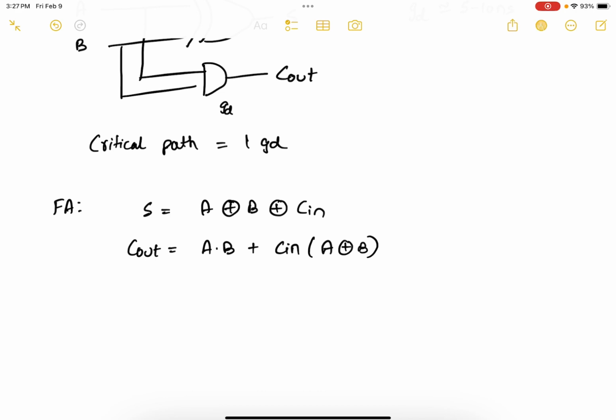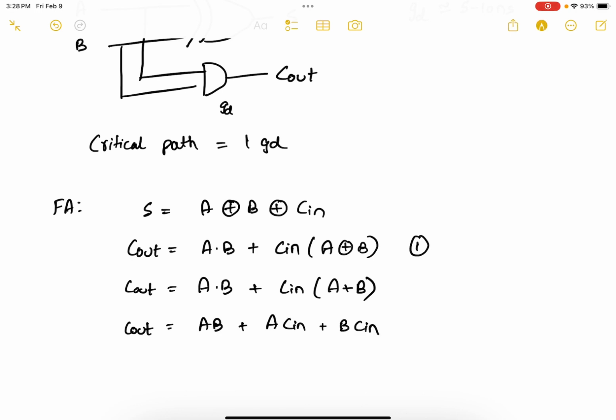The other forms of the carry out are A AND B OR Cin AND (A OR B). This is another form. They both are functionally correct. And the third one is basically I take the second one and I multiply out everything. Okay, this is equation 1, 2, and 3.